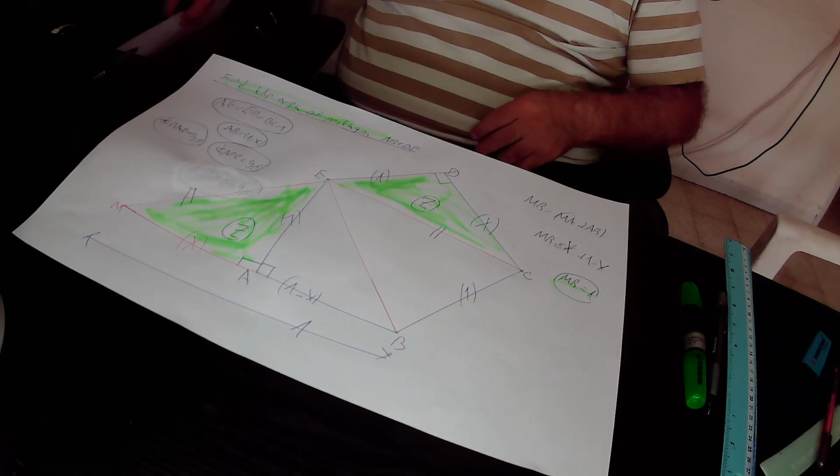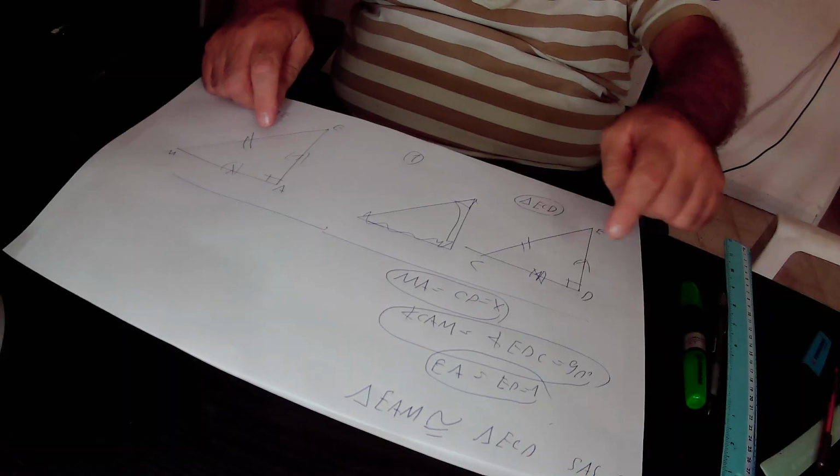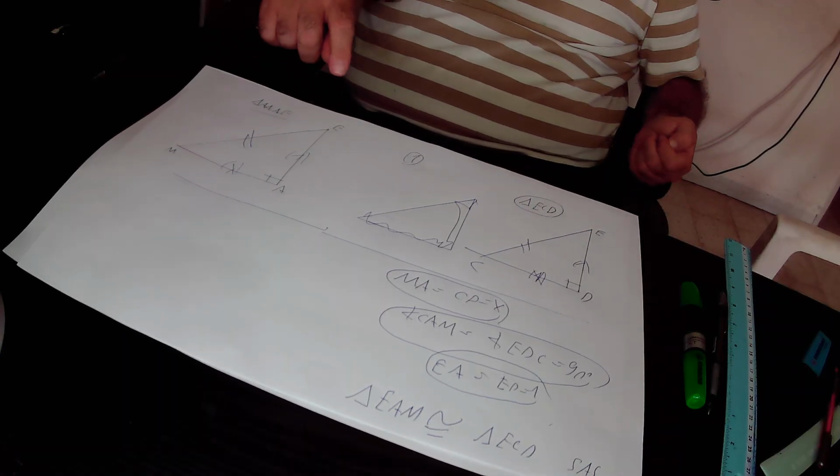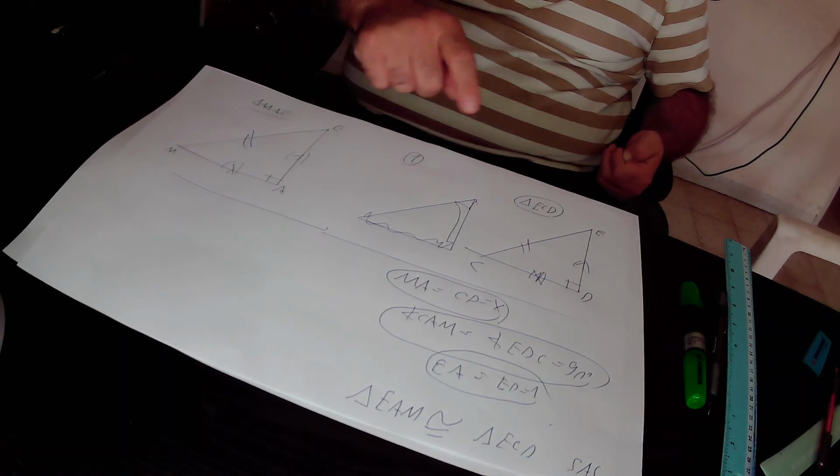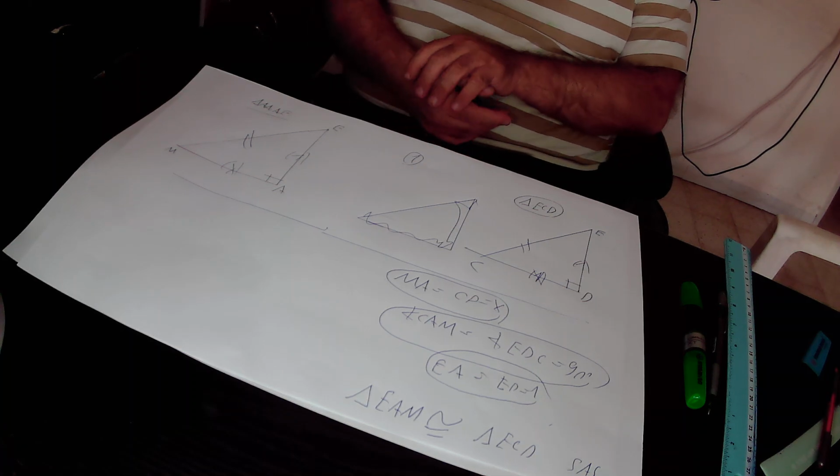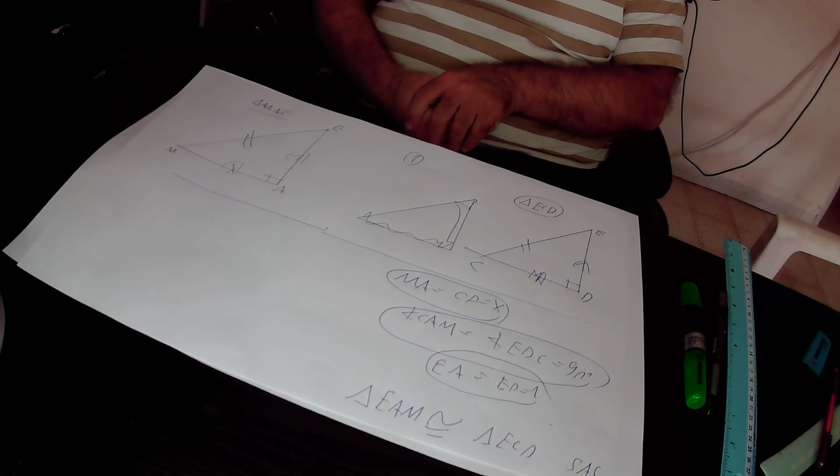In addition, from the fact that those two right triangles can go into each other, we derive that EM equals EC, according to the rule that corresponding sides of congruent triangles are equal to each other.